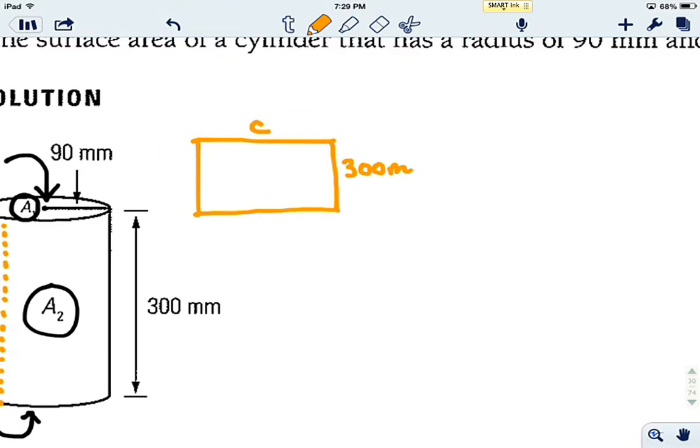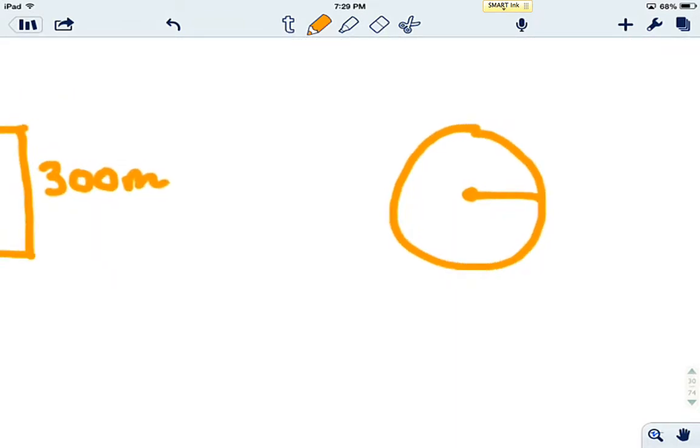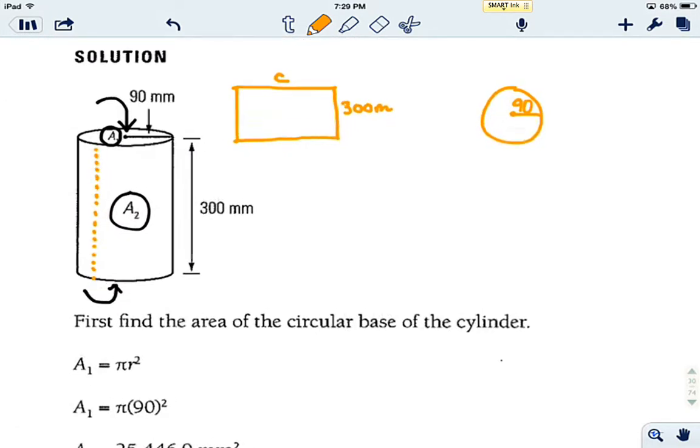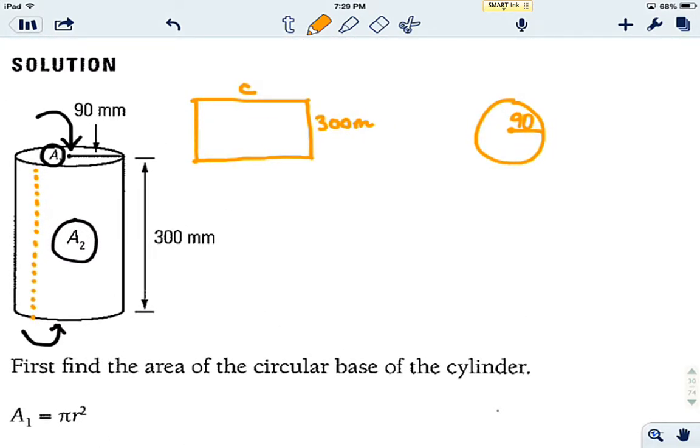Now we also have that circle, area 1. The circle looks something like this, with a radius of 90 millimeters. What we want to do is find the area of these and add them up. Let's first find the area of this circle.